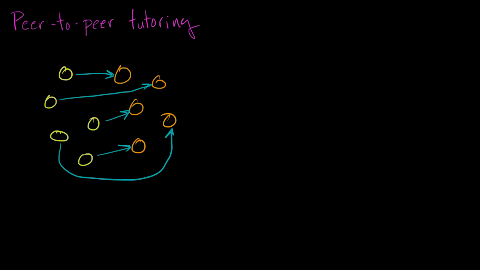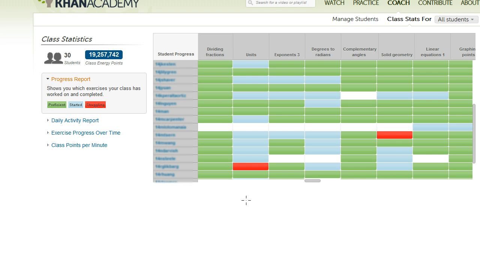So one thing you can do is pull up the dashboard for your class. You can do this before class or the prior day, and this is what an example dashboard would look like. And what you can do is look at a topic where a number of students are working on it and some have mastered it and some have not, and identify the ones that have mastered the concept versus the ones that need help, and pair them up together.